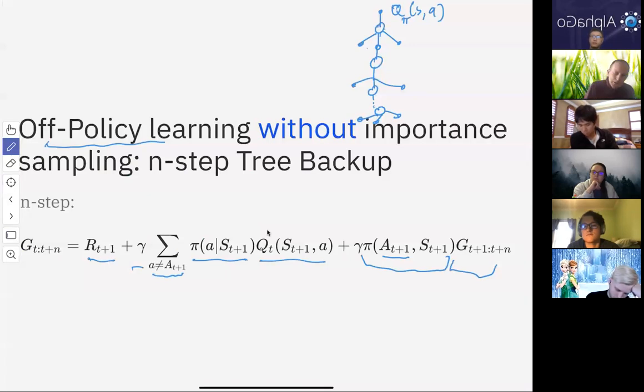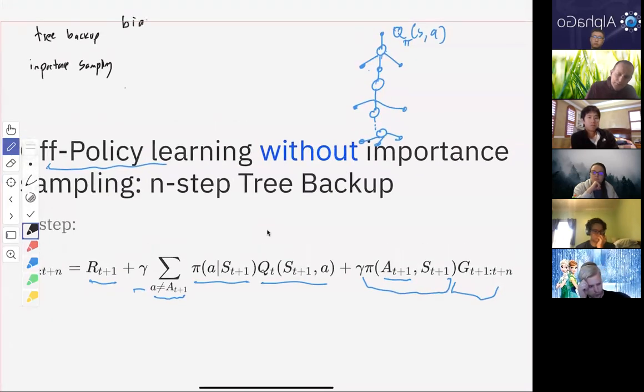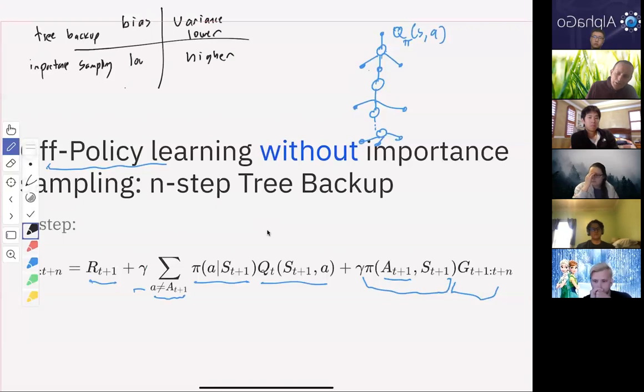So let me just actually write that one down. The tree backup and the importance sampling. And if we look now at the bias and the variance, the tree backup variance will be lower and the importance sampling variance is going to be higher, but the bias of the importance sampling is going to be lower and the tree backup bias is going to be higher.